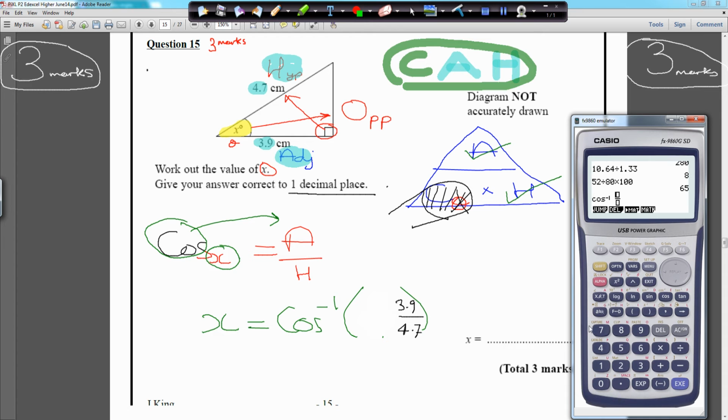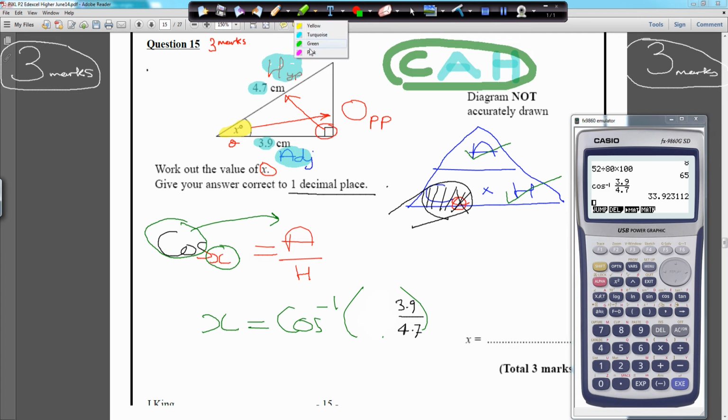Fraction, 3.9 divided by 4.7. Excuse me folks, a slight little mistake there. Bring the cursor down to the bottom, and then 4.7 on the bottom. So cos minus 1 of that, hopefully that should give us the right answer without the brackets. If not, we'll go back and put the brackets in. Okay, that's given us an angle of 33.93, that's the angle that we need.